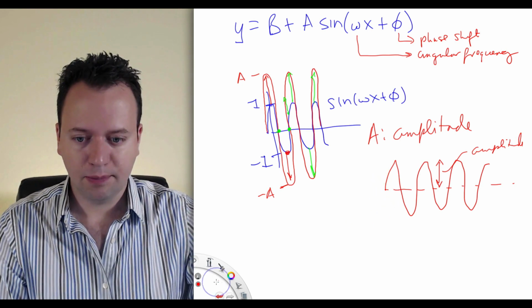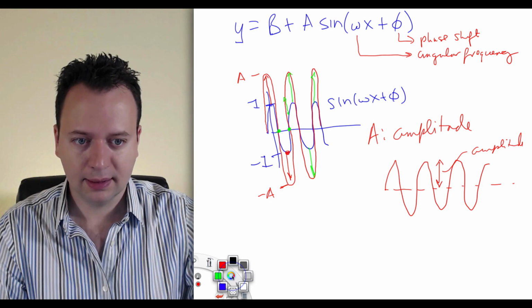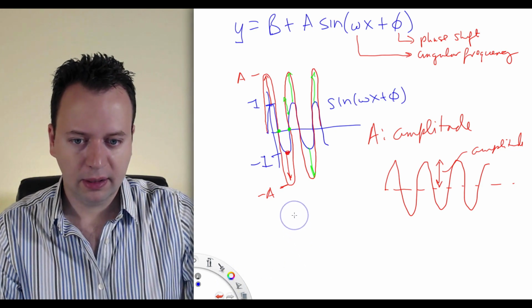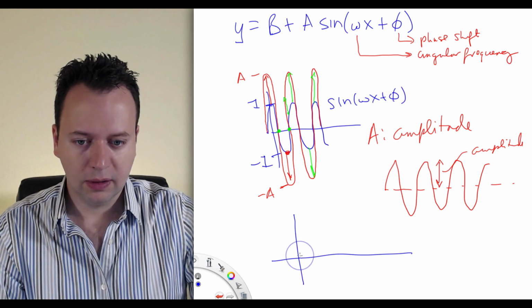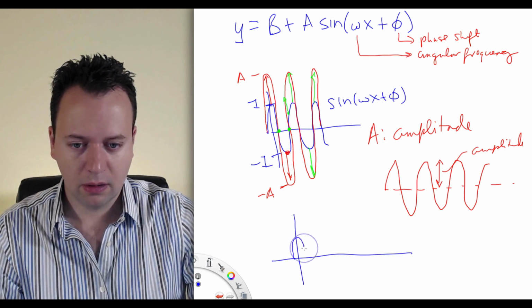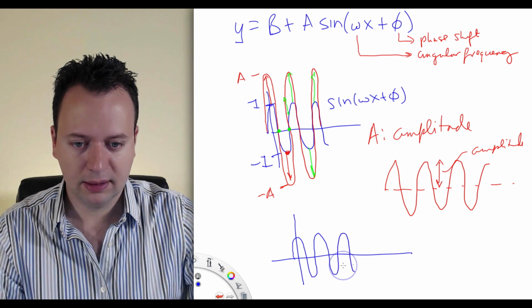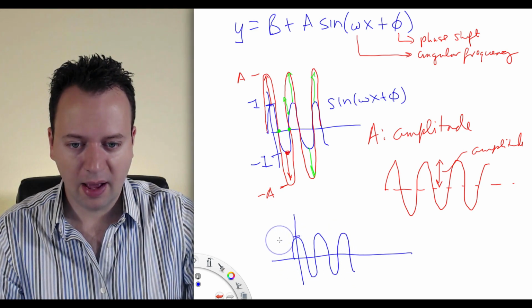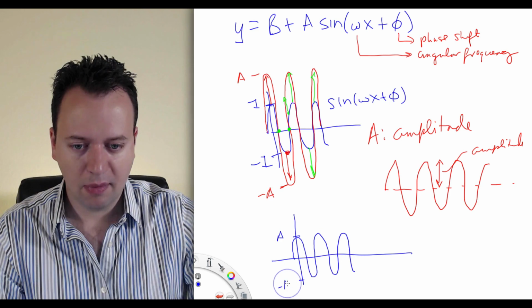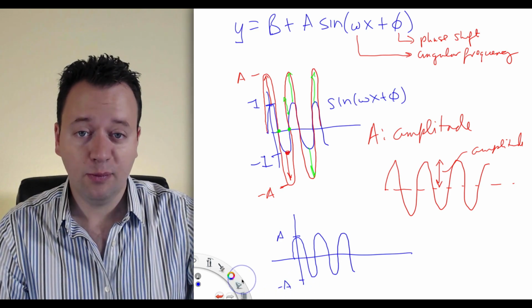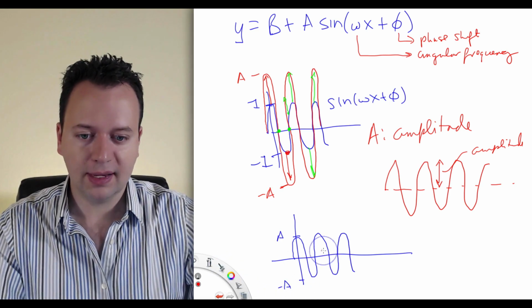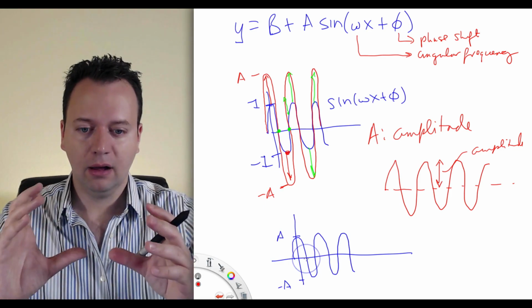And then plus b, so what are we doing next? Let's say we have our shifted, compressed, and stretched wave, with amplitude a and then minus a. Now if we add b to that, we're just taking all these outputs and adding a constant b to them.